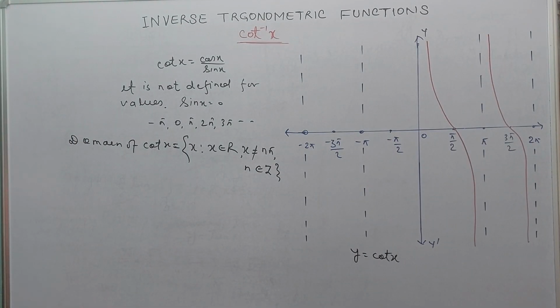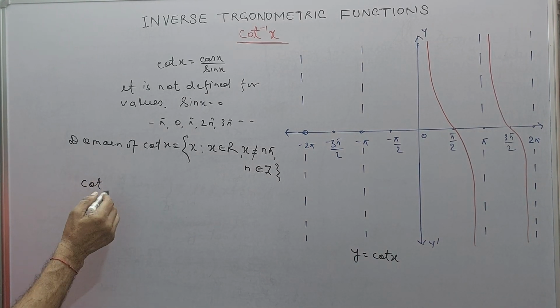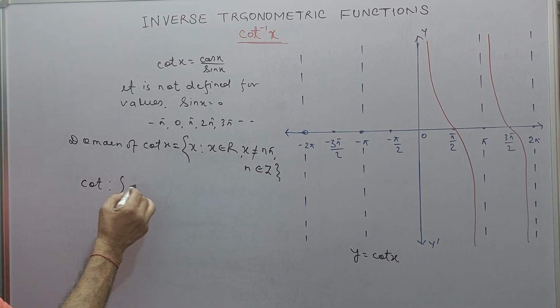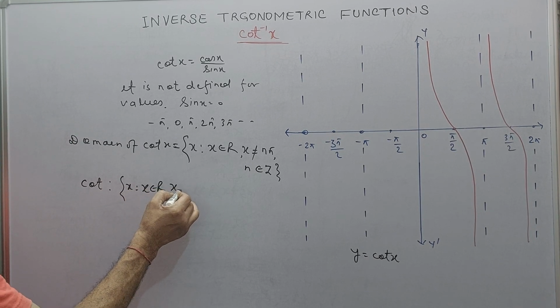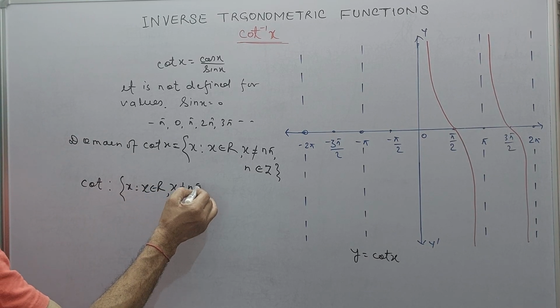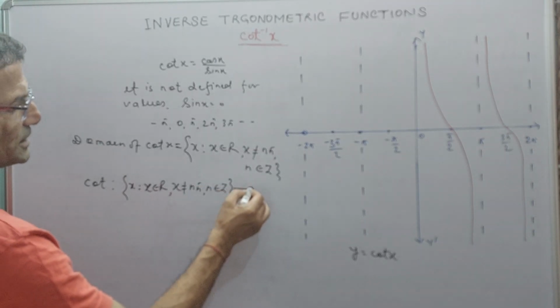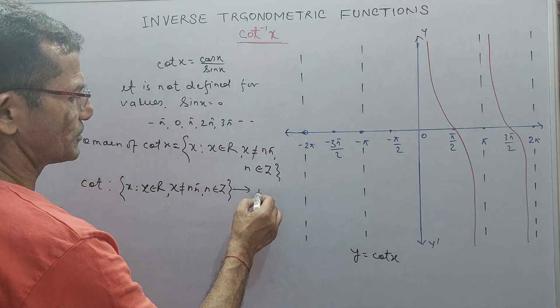This is the domain of cot x. So cot x is defined on x belonging to R, x not equal to n pi, n an integer. This is our domain part, and the corresponding range of cot x is again the set of real numbers.